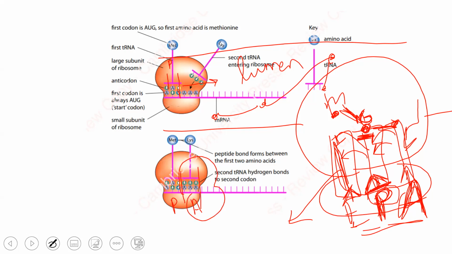Because the ribosome has moved, this phase becomes the P phase, these three become the A phase, and this one becomes the E phase, right? The bond has formed over here and broken over here. Even if this tRNA remains attached during the time the bonds over here are being broken, it's still called the exit phase, right?